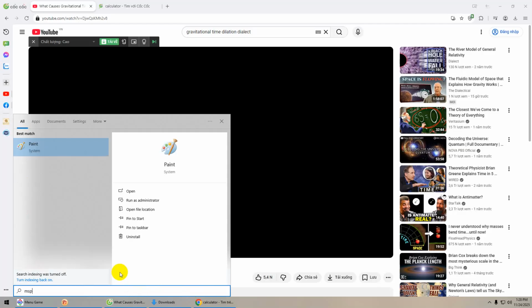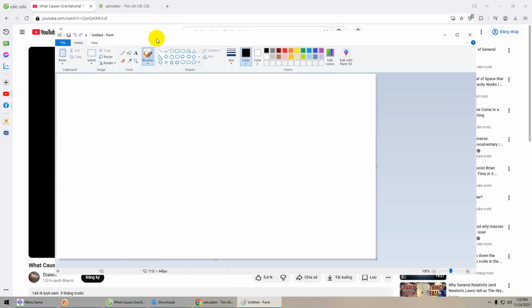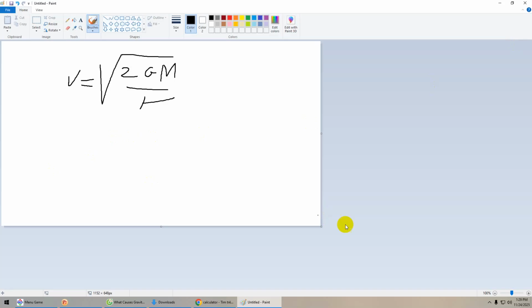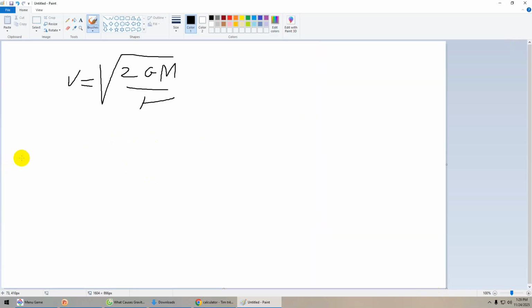Now we're going to watch. So first of all, he gives an interpretation for the escape velocity. The escape velocity here is 2GM divided by r, and the similarity with the Lorentz equation, the square root of 1 minus v squared over c squared.